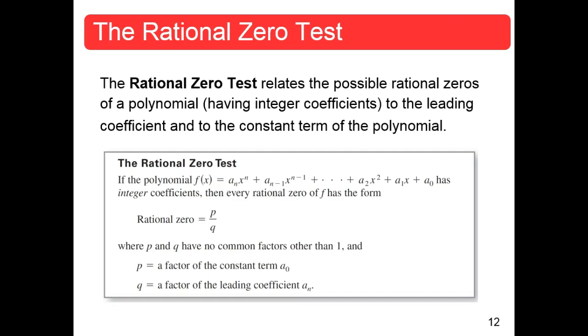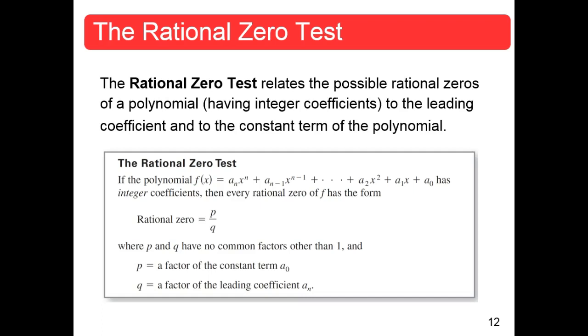Okay? And here's how it goes. Rational zeros test: if the polynomial function f of x equals a sub n x to the nth power, remember this is just a coefficient, and the only thing this n is doing is identifying the coefficient that goes with x raised to the nth power. This is just a marker. That's actually part of the problem, okay?